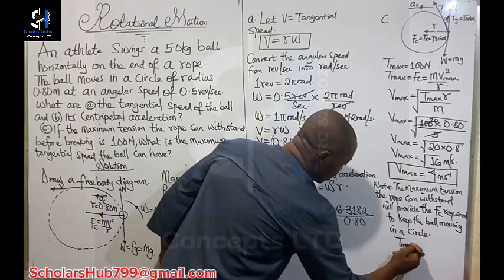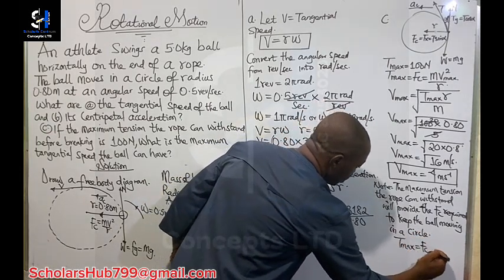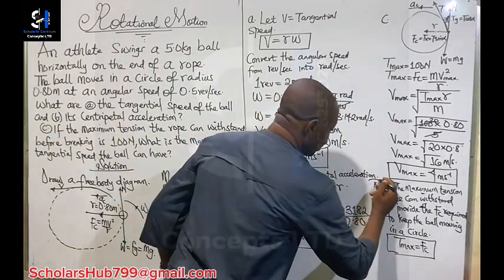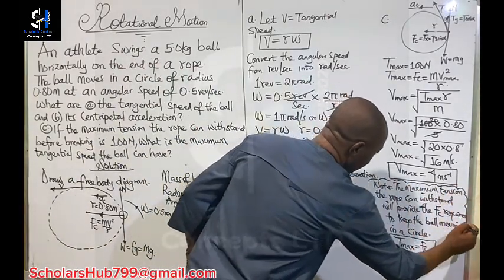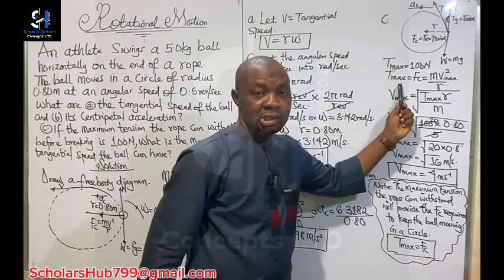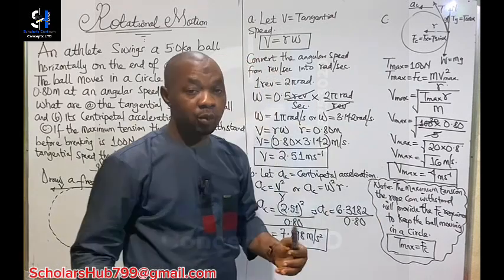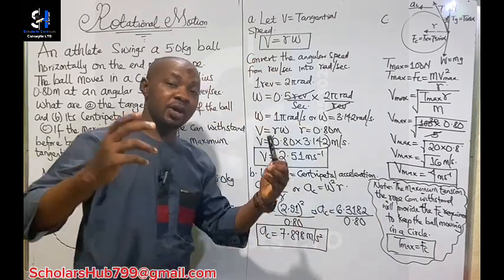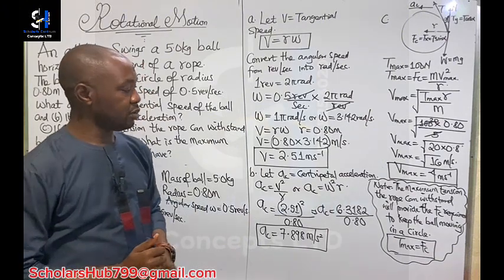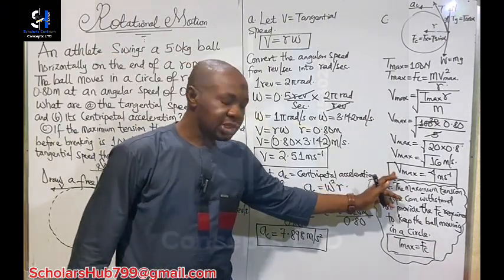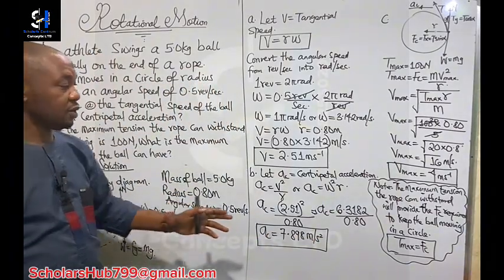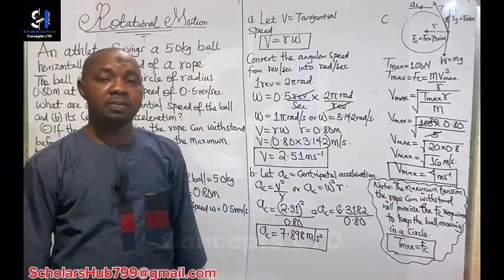That means the maximum tension equals the centripetal force. That is the point I am trying to make here. That's why Tmax equals Fc, and we know Fc is mv max squared over R. The value of the maximum tangential speed that the ball can have is 4 meters per second.